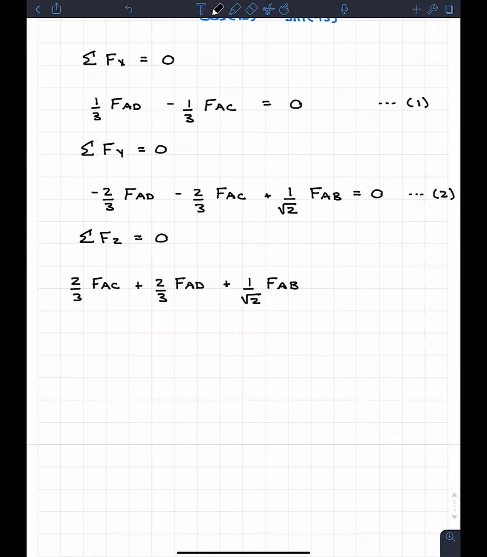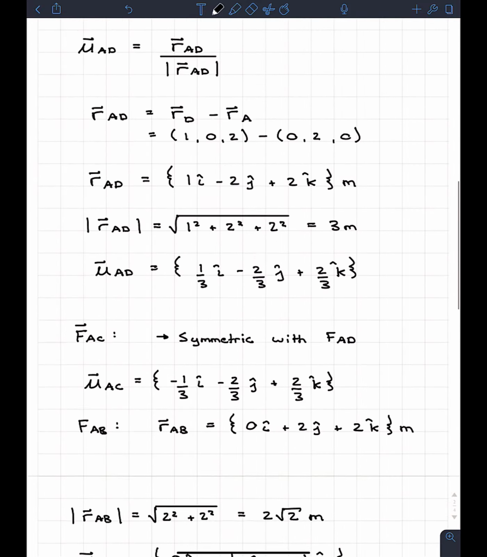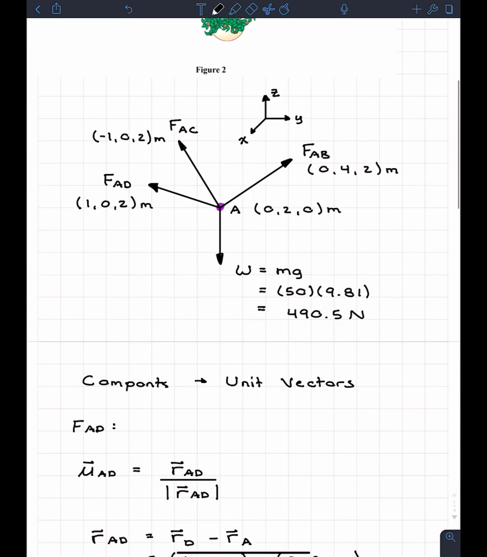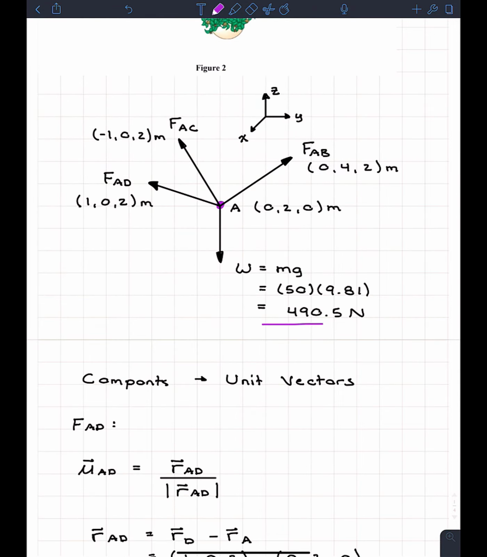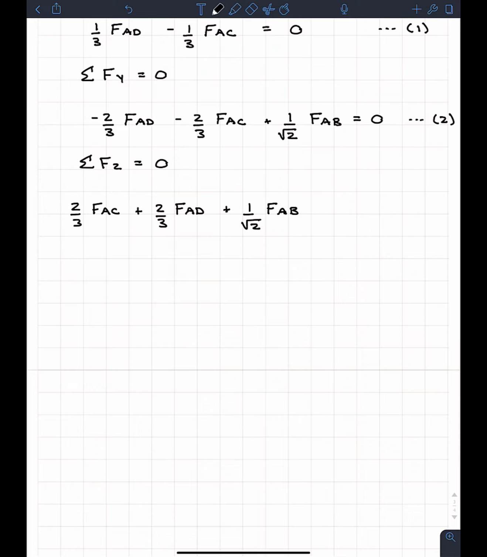Now we have to be careful, because yes, we did the 3 cables, but remember, we also have this force right here, which I'm going to underline in purple, acting in that z direction. It's acting downwards, so we have to go minus 490.5, equal to 0. This is equation 3.